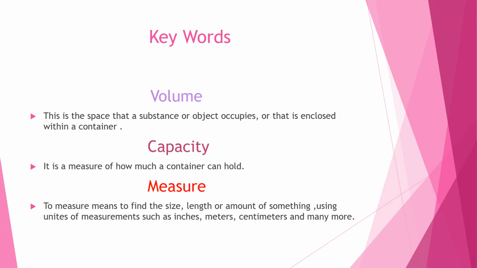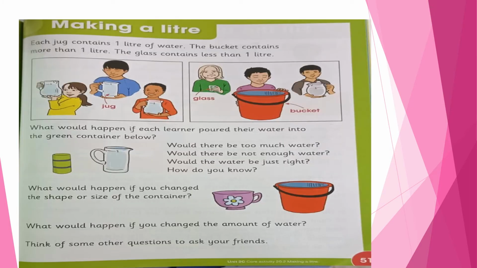And when we talk about measure, to measure means to find the size, the length, or amount of something using units of measurements such as inches, meters, centimeters, and many more. So, we still continue with our topic on making a liter.